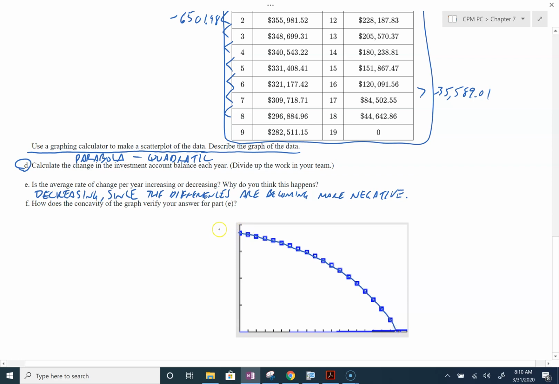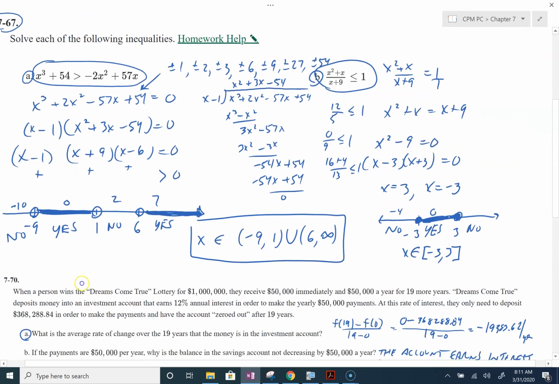And so this is a small negative slope, a steeper negative slope, a steeper negative slope, and a steeper negative slope. So as we move to the right, the slopes are becoming more and more negative, meaning the slopes are decreasing. Okay, and so that's it for this problem.